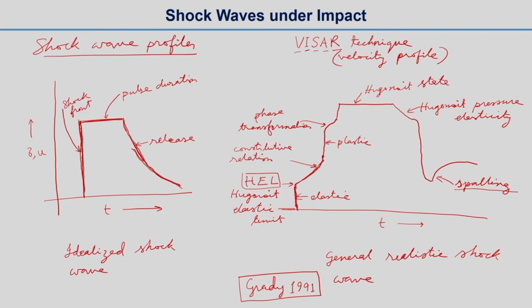And just to let you know what VISAR is, I already told you it is the velocity interferometer system for any reflector, based on laser interferometry. That means it is based on the interference fringes that appear when different laser beams interact. We can discuss that later.